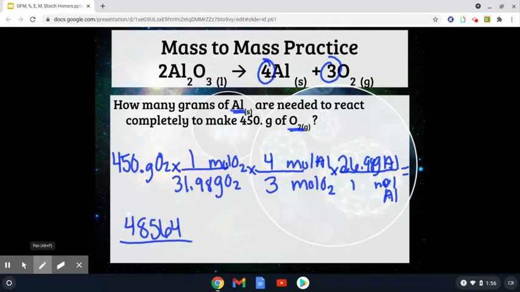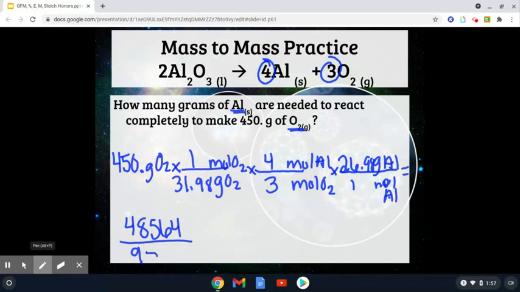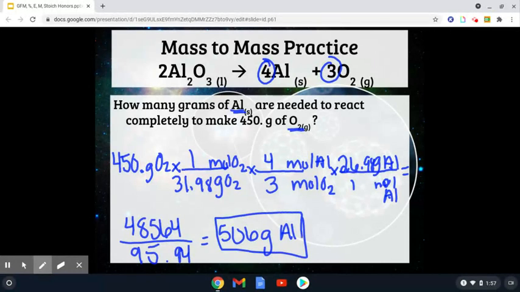And then the numbers on the bottom, 31.98 times 3 times 1, 95.94. After sig figs, you get 506 grams of aluminum. And that's how you solve these mass-to-mass conversion factors.